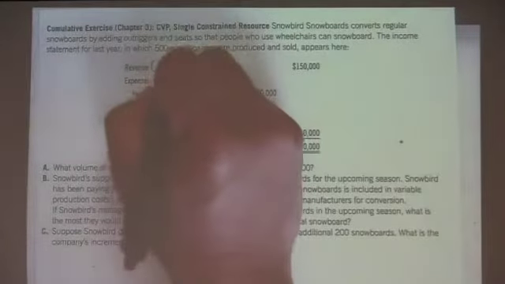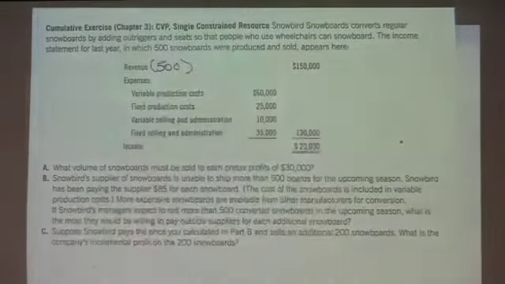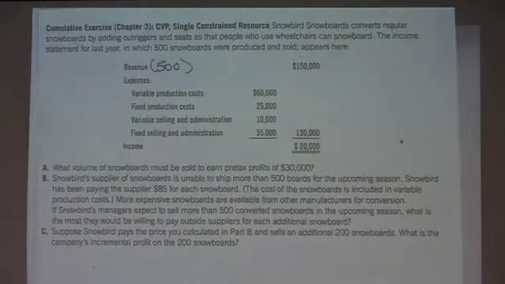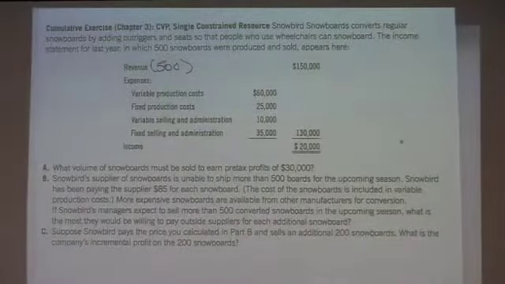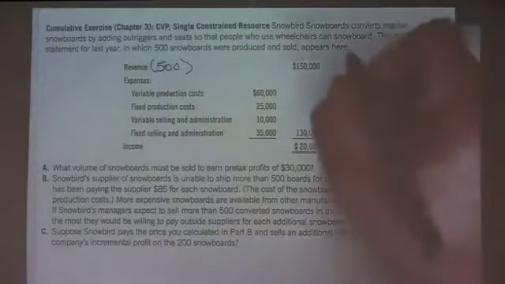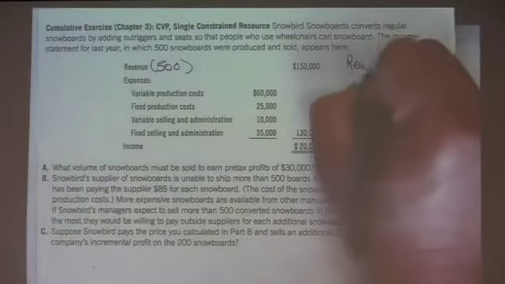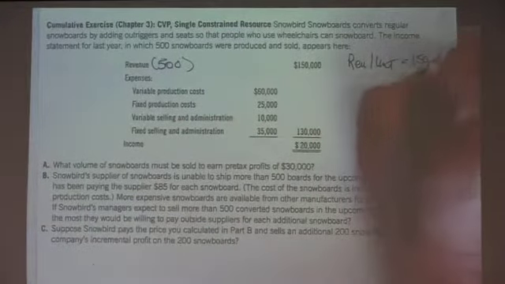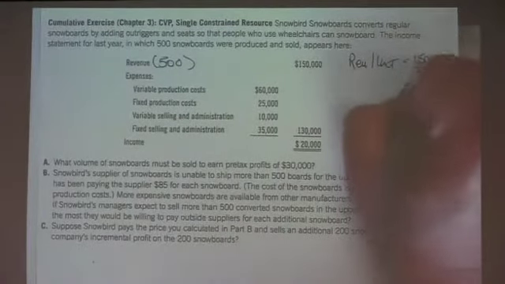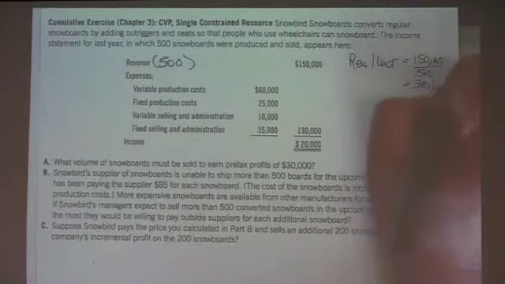So this revenue is 500 units of snowboard. Okay, so now we know how much the revenue is, right? So the revenue per unit must be 1,500 divided by 500, which is $300 per unit.